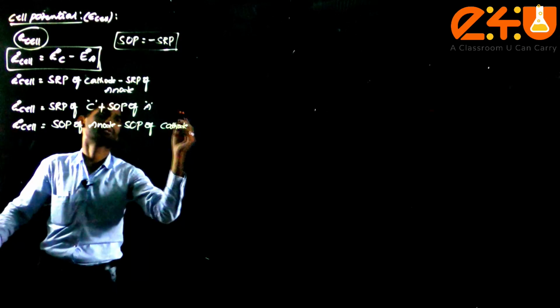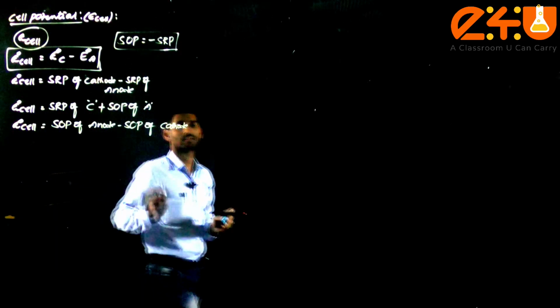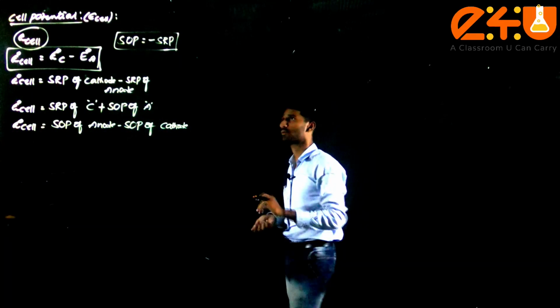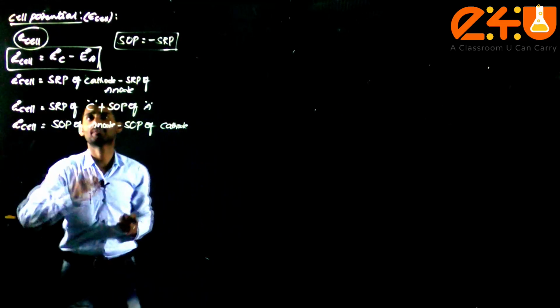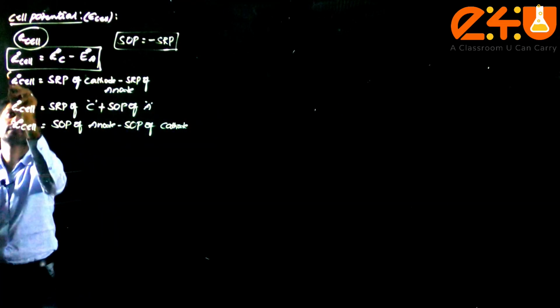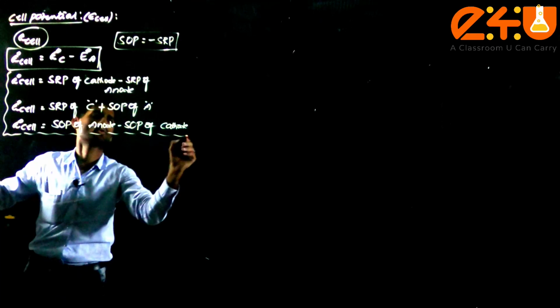This is one of the NEET questions, dear students. They ask us to calculate the cell potential and give different options. This is the way we can do it; it is simple, you need not get confused.